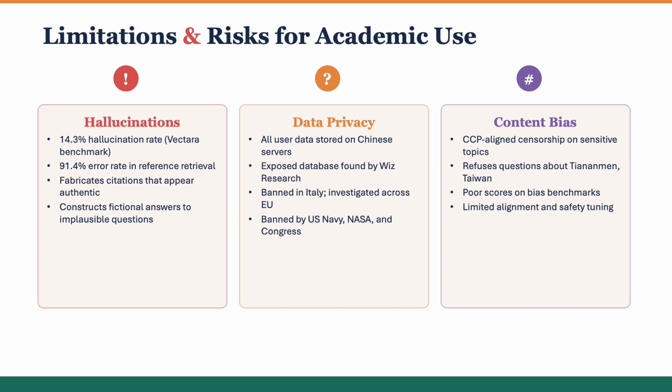Vectara's analysis suggests this is because R1 tends to, quote, overhelp by adding information not present in the source text, even when that information is factually correct. This is a significant concern for academic work, where faithfulness to source material is critical.